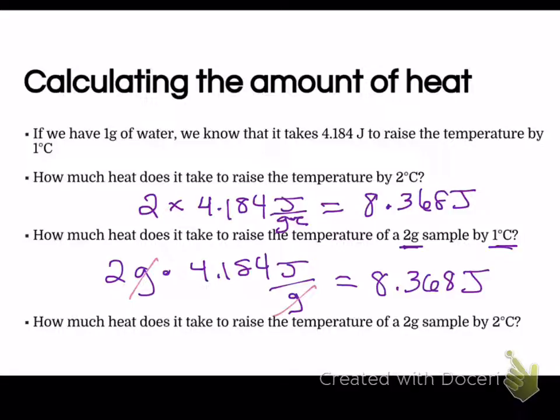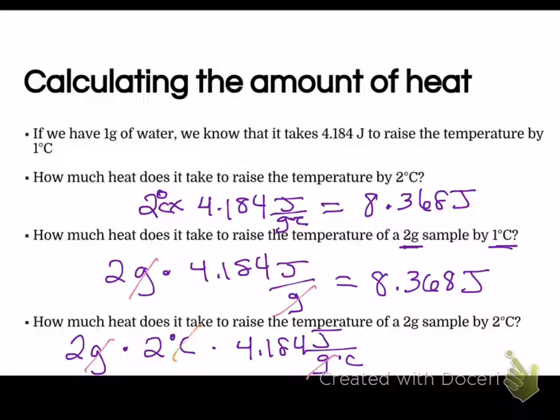Okay, so then similarly, if we wanted to raise 2 grams by 2 degrees Celsius, we're going to just multiply all of it together, right? This way makes some sense because we had those funky units on our heat capacity, but grams cancels here, and of course our degrees Celsius cancels there because I have one on the top and one on the bottom.